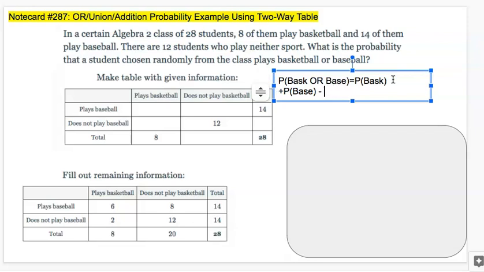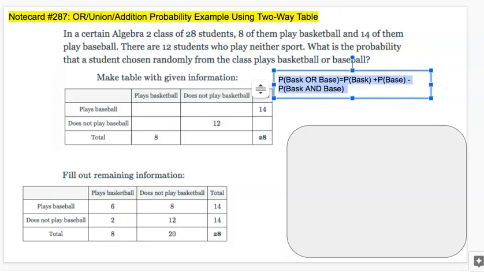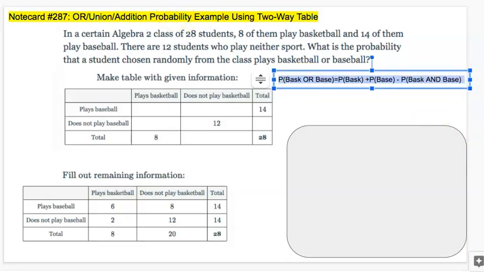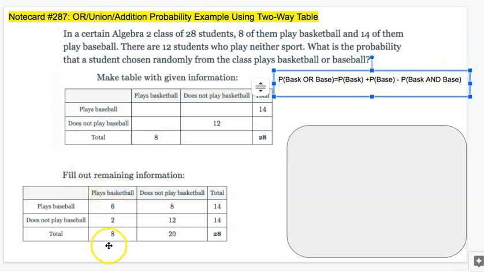So the probability that they play basketball and baseball. So that's so we don't double count them. Okay, so looking at the table down here that's completed, what's the probability that they play basketball? Well, let's see, plays basketball. It'd be 8 out of 28.